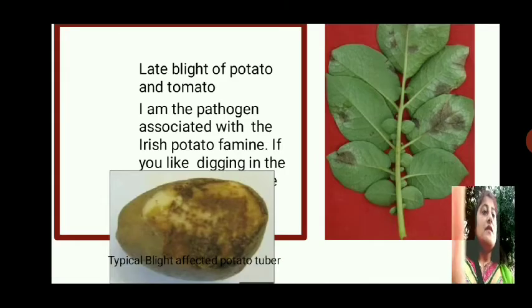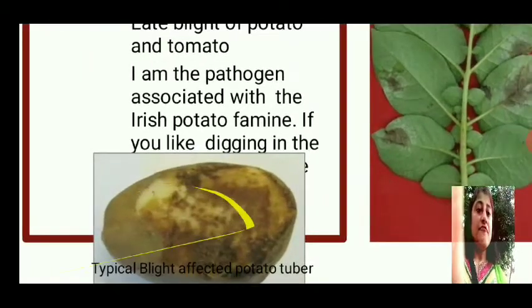Then the lesions start from the midrib and progress towards the margin and then subsequently to the tips of the leaf.